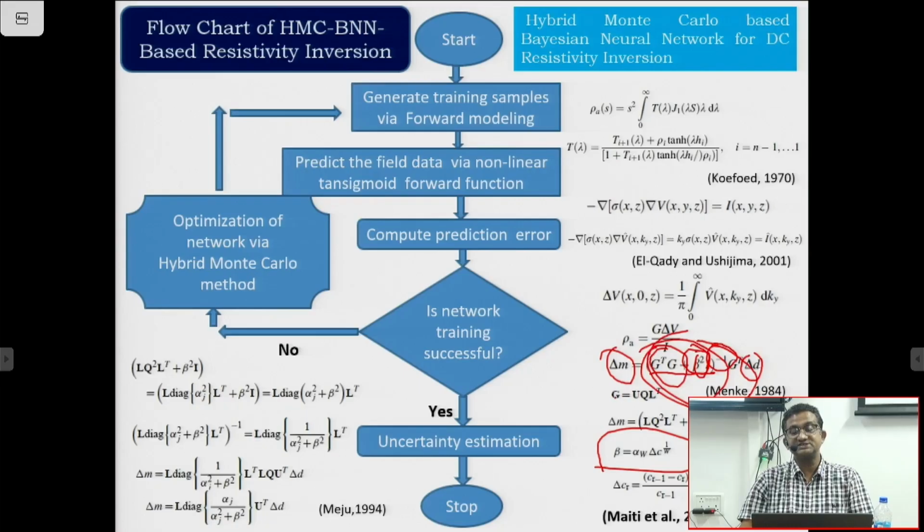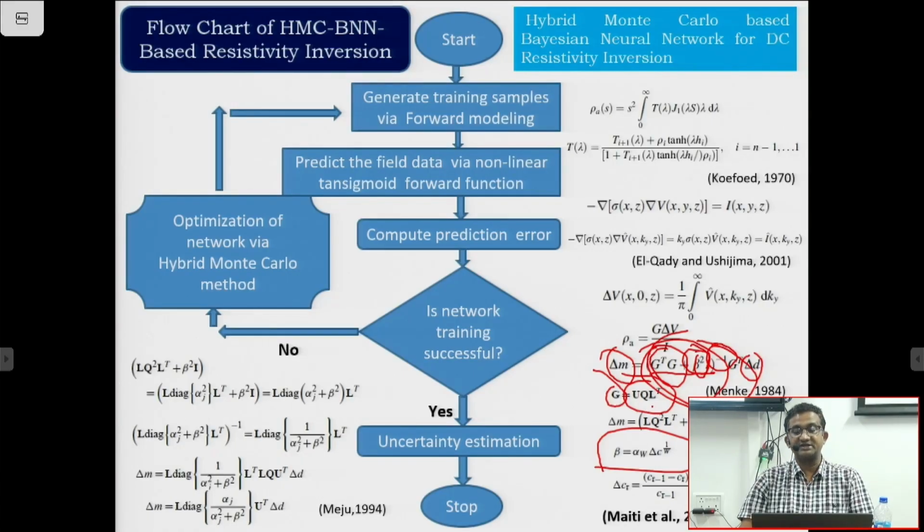So this G has been decomposed with the help of singular value decomposition, SVD. So G can be expressed as a combination of 3 matrices, U Q L. U is an orthonormal matrix, Q is a diagonal matrix, L is again an orthonormal matrix.